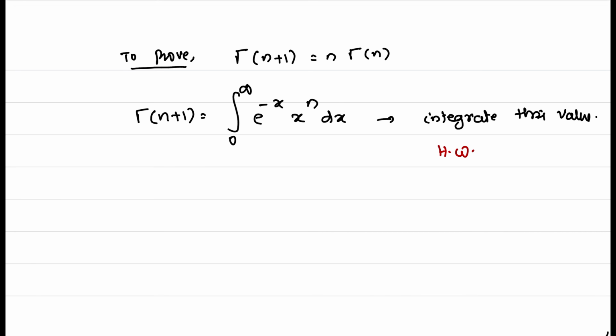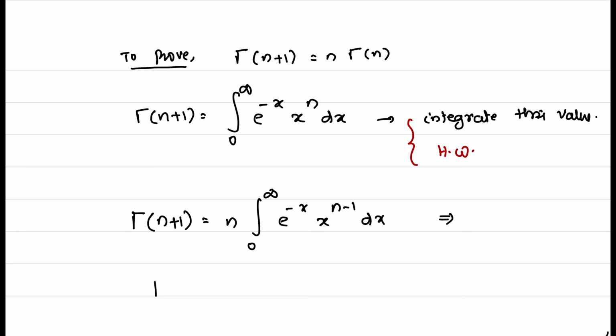Mathematics can be understood only by doing something. Once you integrate this, you will get gamma n plus 1 is equal to n into integral 0 to infinity e to the power of minus x into x to the power of n minus 1 dx.